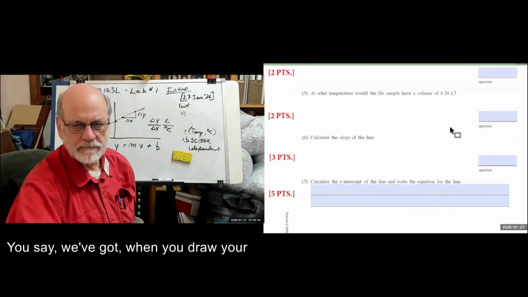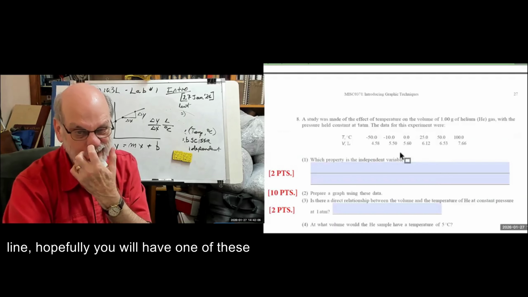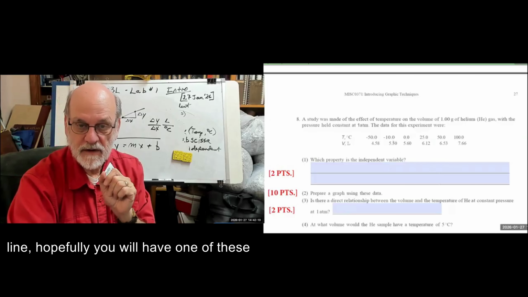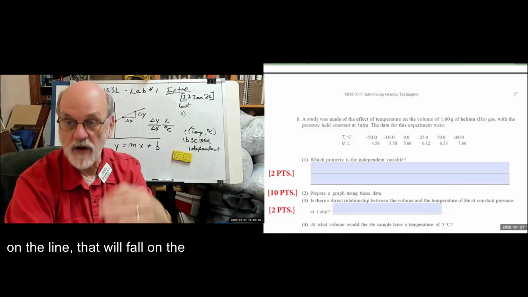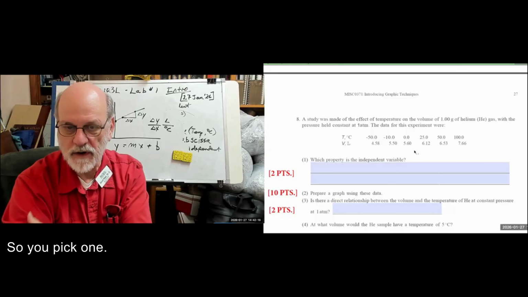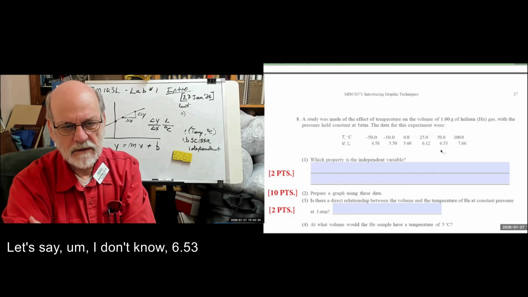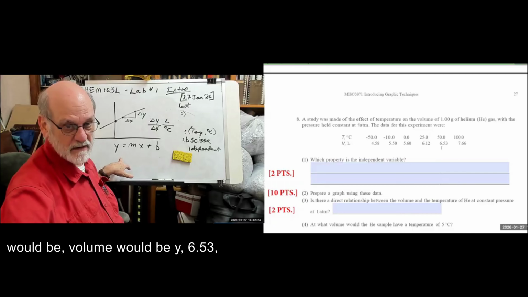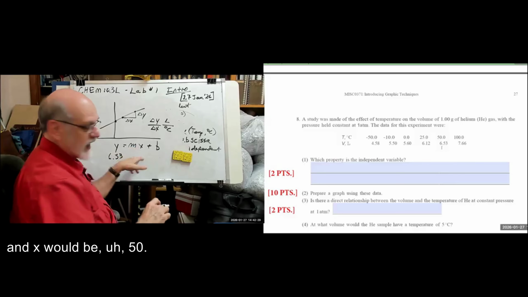So you calculate the y-intercept. When you draw your line, hopefully you will have one of these points on the line. So you pick one. Let's say, I don't know, 6.53 would be volume, would be Y, 6.53.